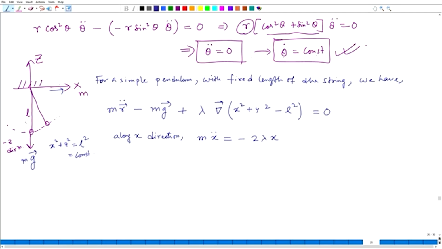But along the negative z direction, you have a force field, and that is why you write m z double dot, and this becomes a plus sign because g is acting vertically downwards, along minus z direction. So, I will write plus mg is equal to minus 2 lambda z.